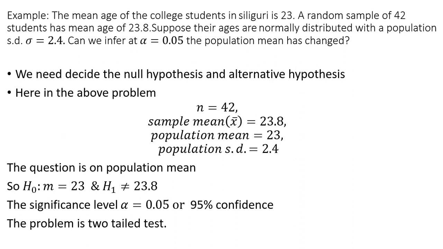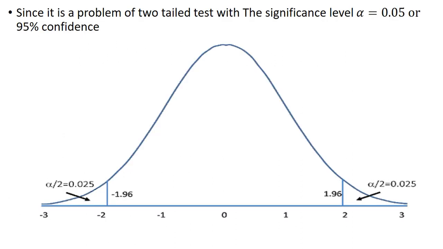Two-tailed test, and 5% of the area is known as the critical region, and we can fit it in the standard normal distribution. As I already told you, alpha by 2, which is 0.025, will be in the left, and alpha by 2, 0.025, will be in the right.